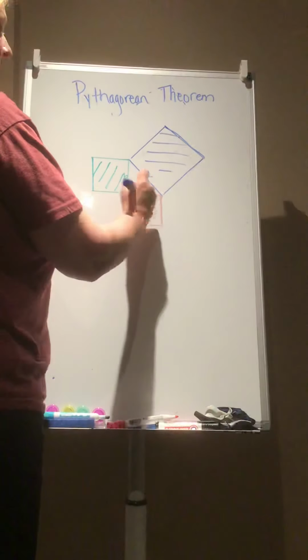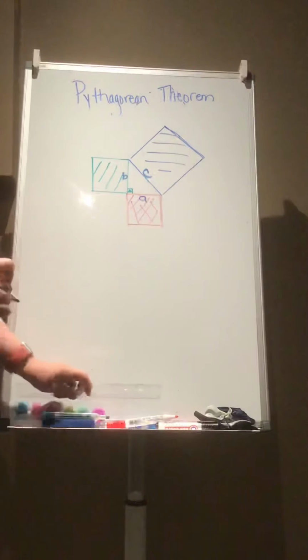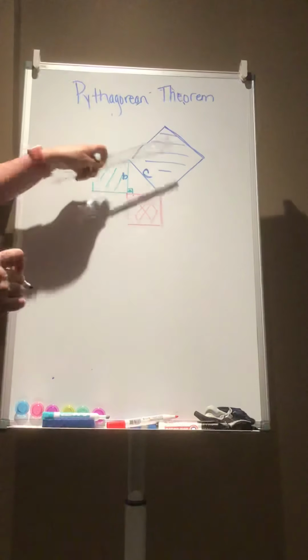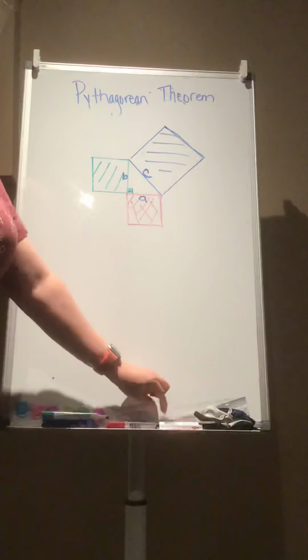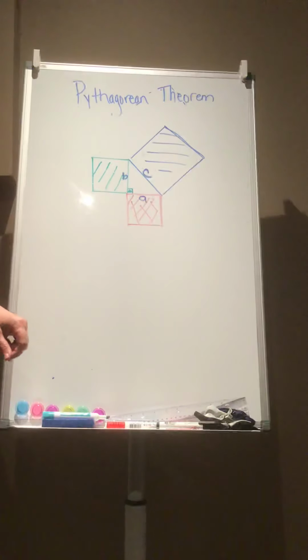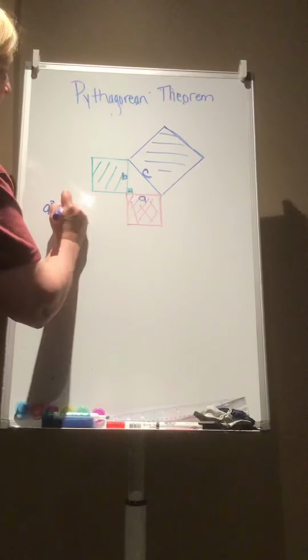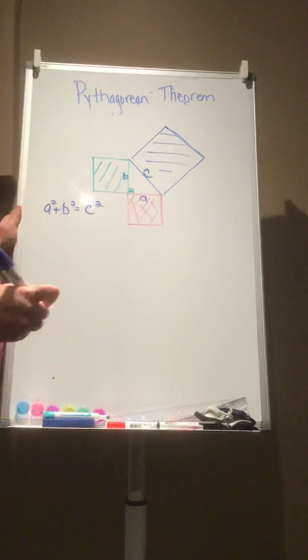So we have A, B, and C. The area of A plus the area of B will equal the area of C. And remember that C squared is just another way of finding area. So again, A squared plus B squared equals C squared.